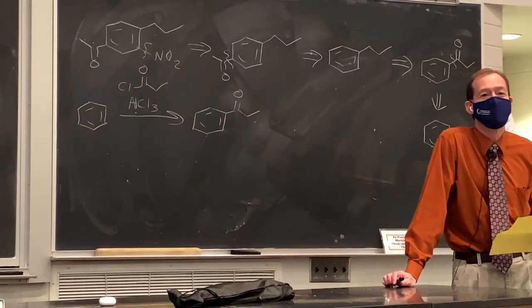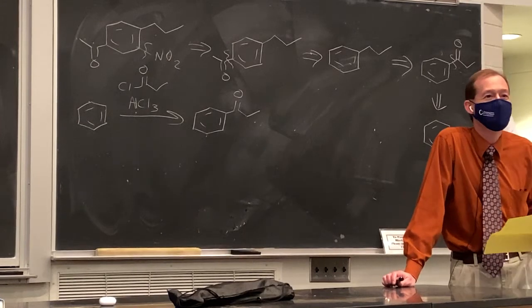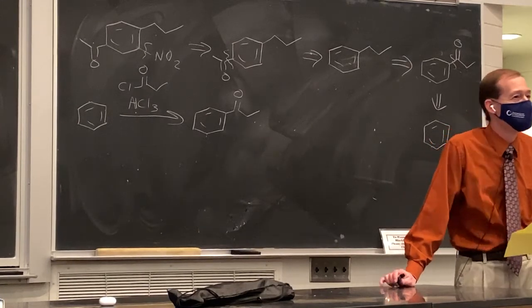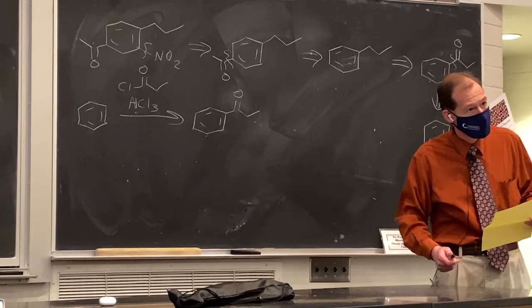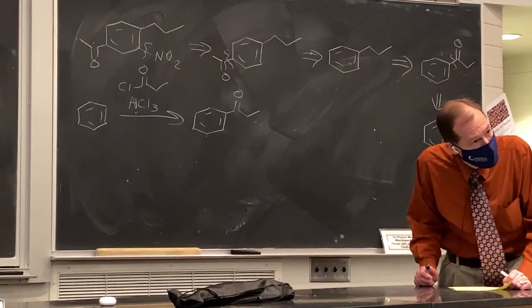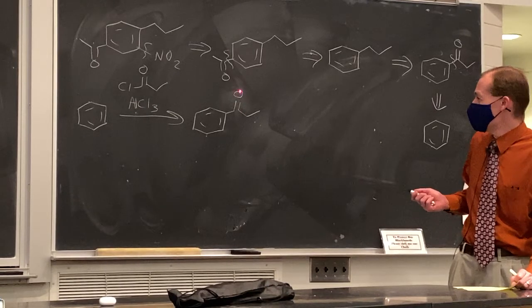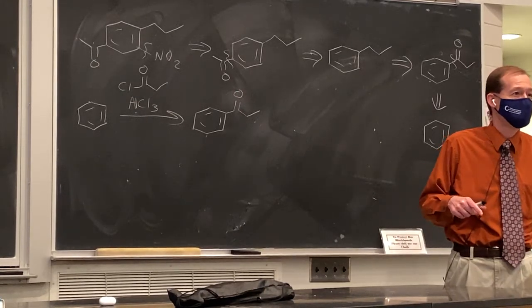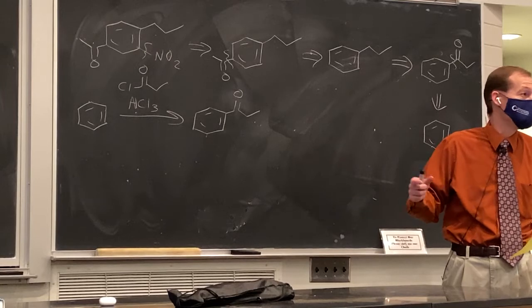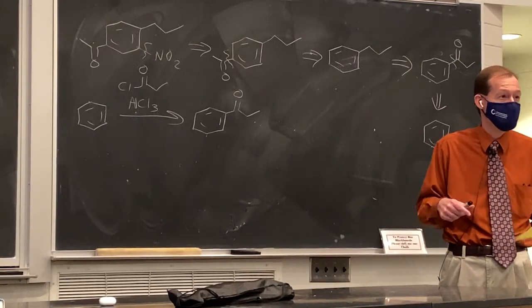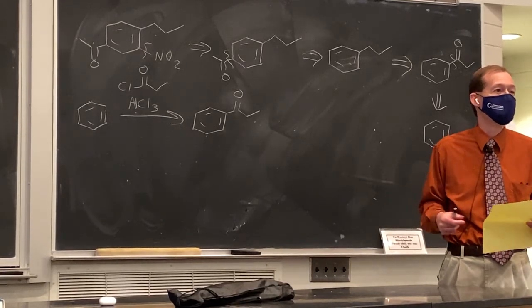Sounds like we've got some work to do before then. What conditions? Yes? Okay, so that would work. That would reduce this to an alcohol, but we need to reduce it all the way to a CH2 group.